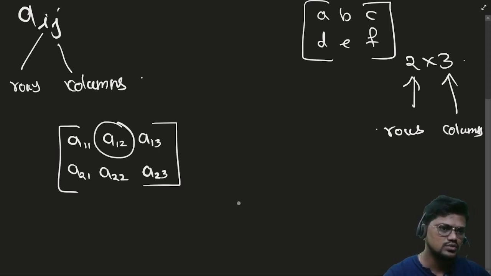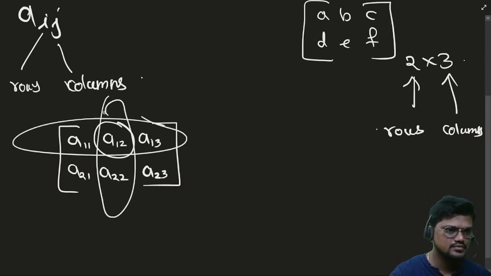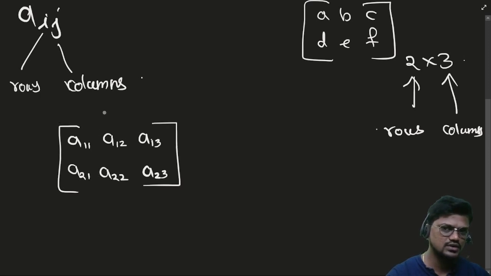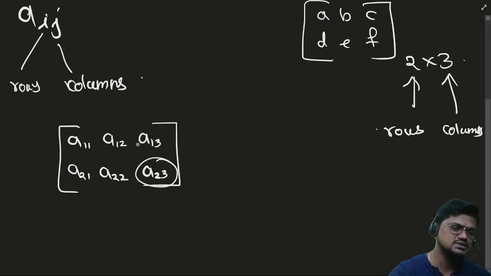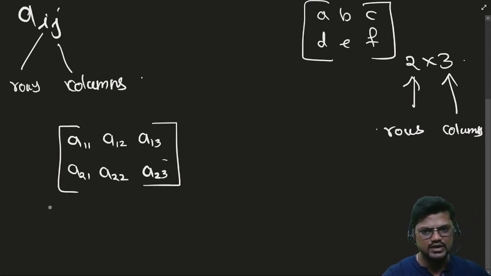See this a12, it is the location of this element. It is there in the first row and the second column. If I say this 2, 3, it is there in the second row and third column. The first number stands for i and the second number stands for j.